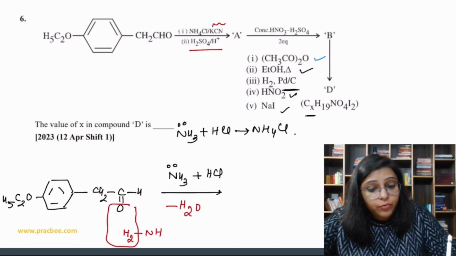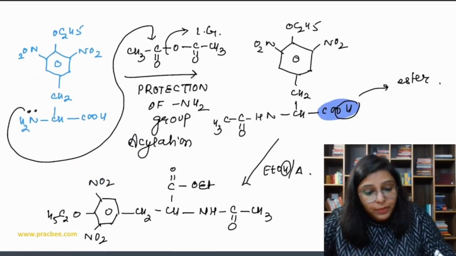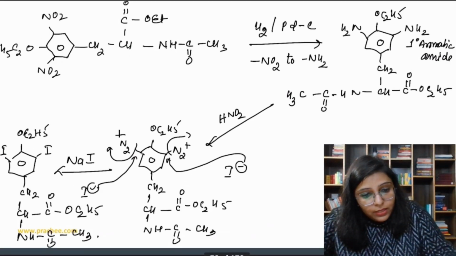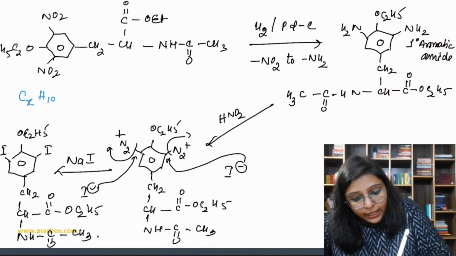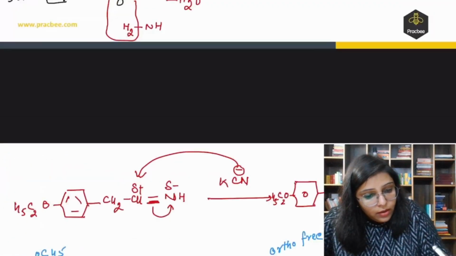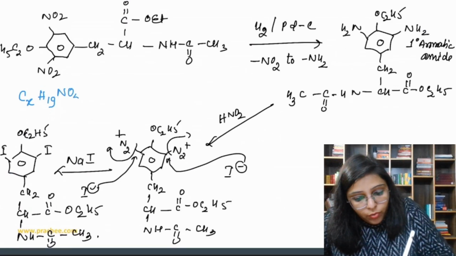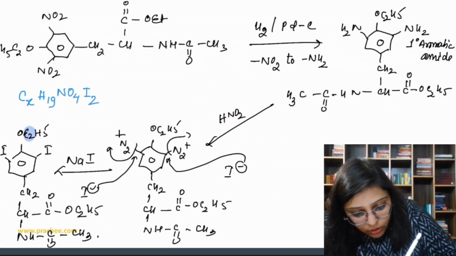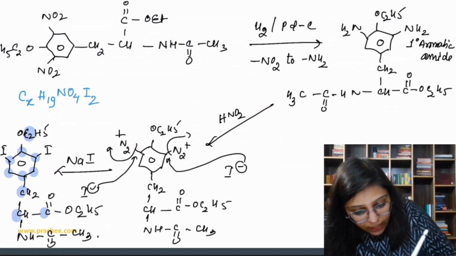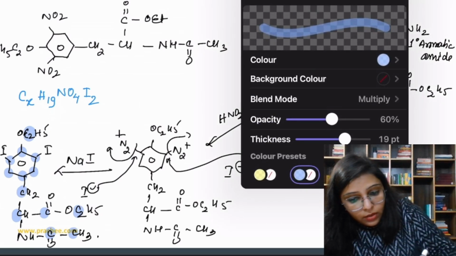Fine. Now the question says we have to find out the value of X. So X is in CxH19NO4I2. So let me compare. Let me count the number of carbon atoms: 2, 3, 4, 5, 6, 7, 8, 9, 10, 11, 12, 13, 14, 15. So we have C15.